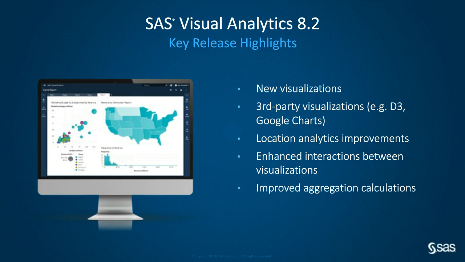Those types of capabilities have been added to the product line. And then finally, calculations are important in a traditional reporting sense. How can I suppress data, for example? How can I add new types of calculations and enhance the value of your reporting and your dashboards? So those are some of the capabilities from the latest release of SAS Visual Analytics.